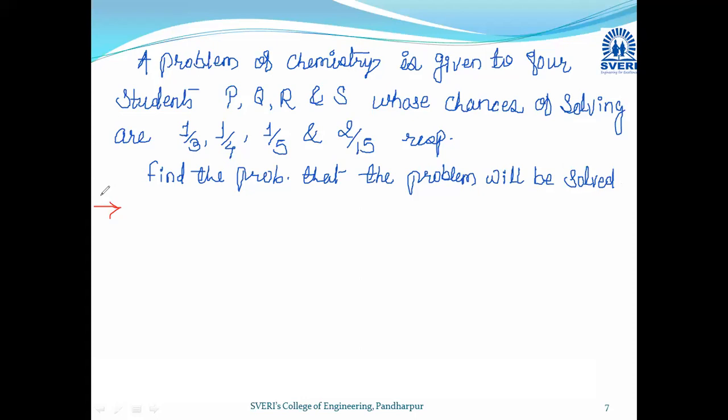So required probability. Out of 1, a problem of chemistry is given to 4 students, P, Q, R, S, whose chances of solving are 1 by 3, 1 by 4, 1 by 5, and 2 by 15 respectively.